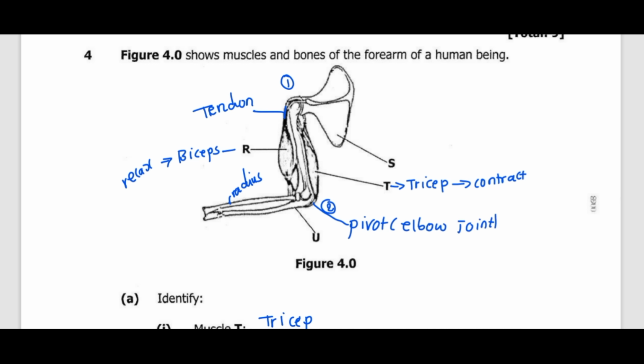Then the second one, the muscles of insects do not contain the tendon.